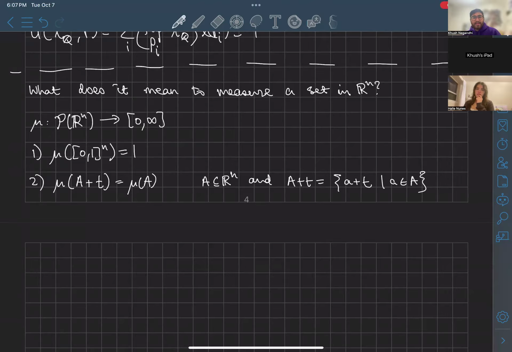Another thing I would hope is true is if I break this up into a bunch of distinct pieces, then when I join them back up, I should get the same volume, right?